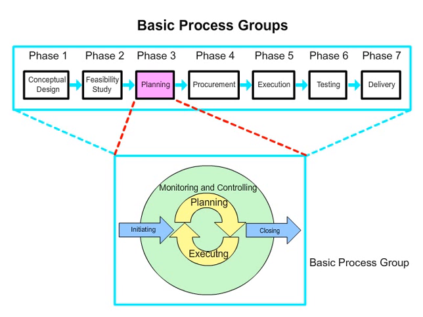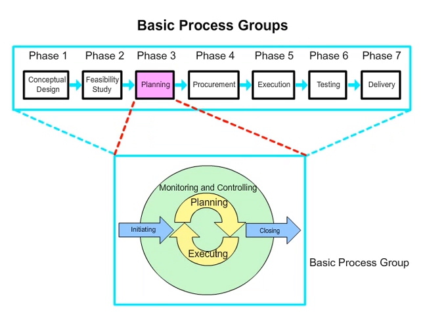These 5 basic process groups are standard concepts and can therefore be applied to a wide range of project types, even to each individual phase. Next, we provide a brief overview of the 5 basic process groups that make up project management.